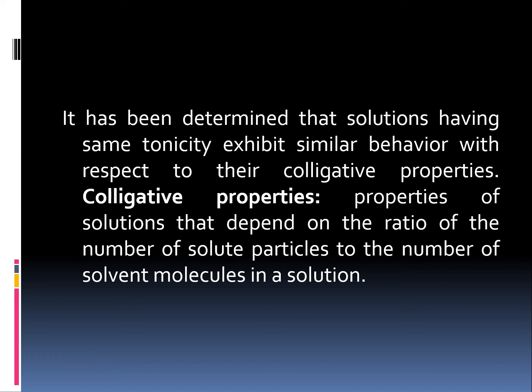It has been determined that solutions which have the same tonicity also exhibit the same colligative properties. Now, what are colligative properties? Colligative properties are those properties which depend on the ratio of the number of solute particles to the number of solvent molecules in a solution. So if the solutions have the same tonicity, they will have the same colligative properties.